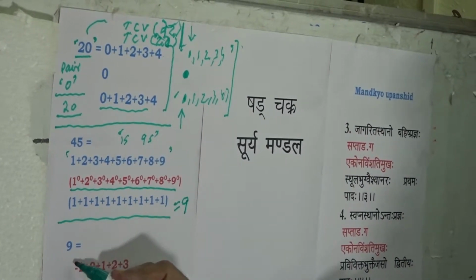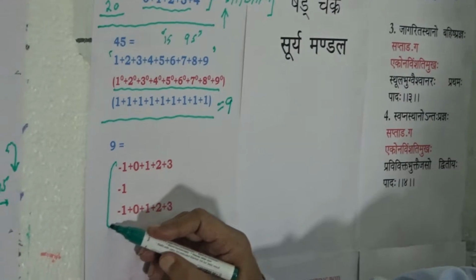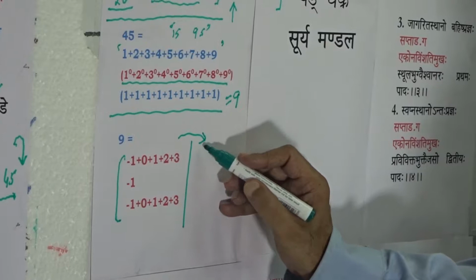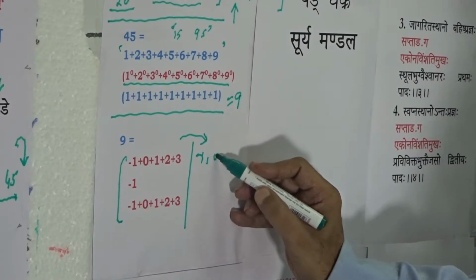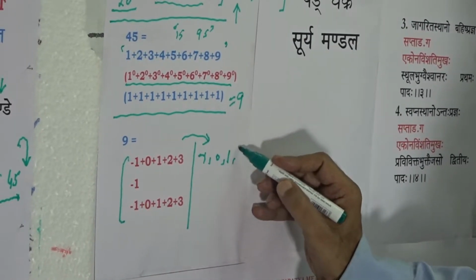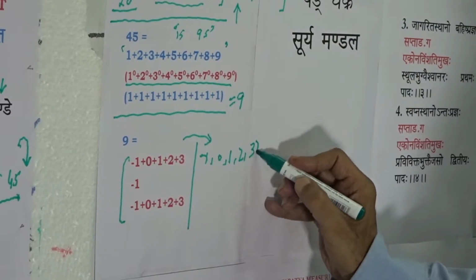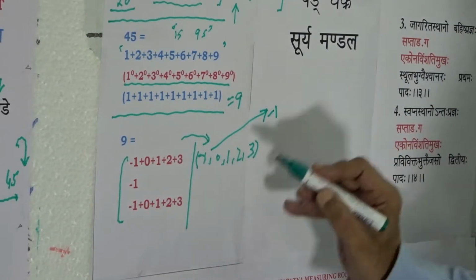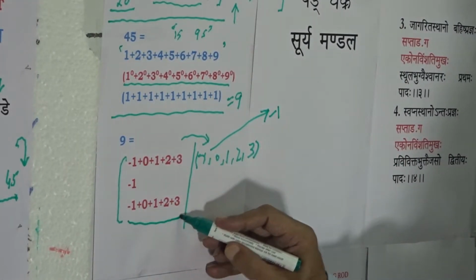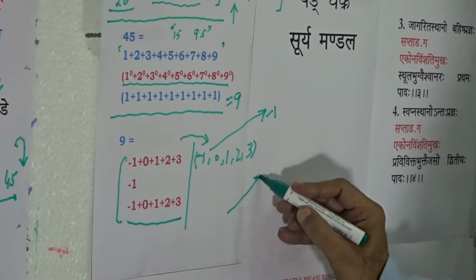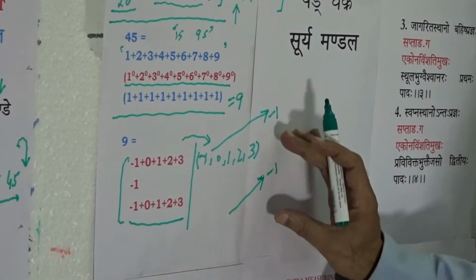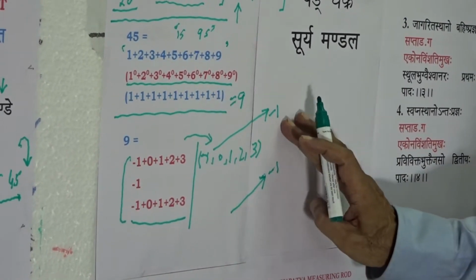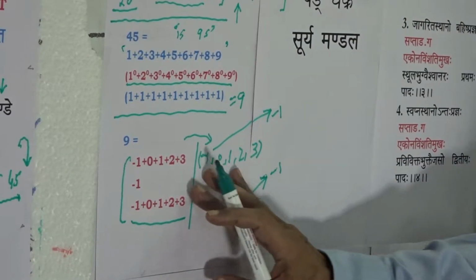Value 9 itself is of the organization which is equal to the transcendence range -1, 0, 1, 2 and 3. This is a transcendence range of a negative order. This is another transcendence range of a negative order. Therefore, the synthesis of a pair of transcendence ranges of -1 order is 9.